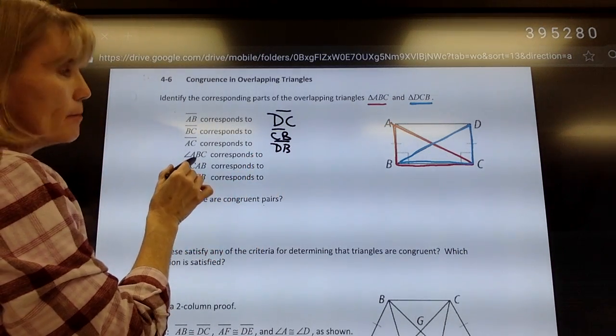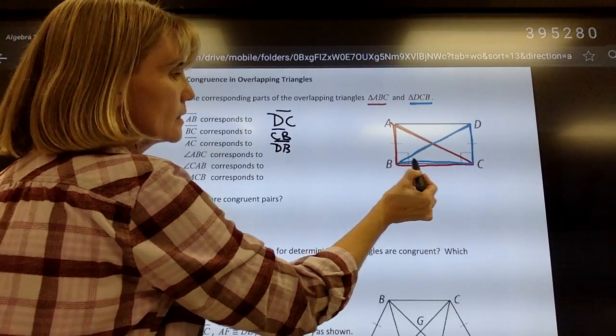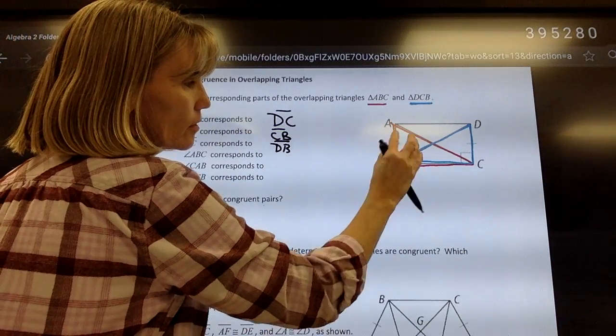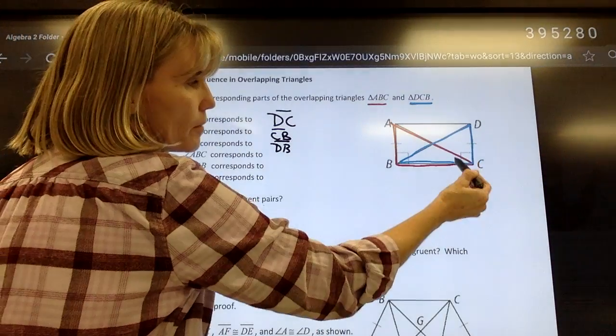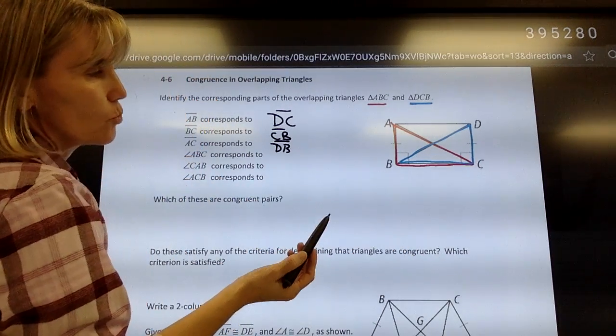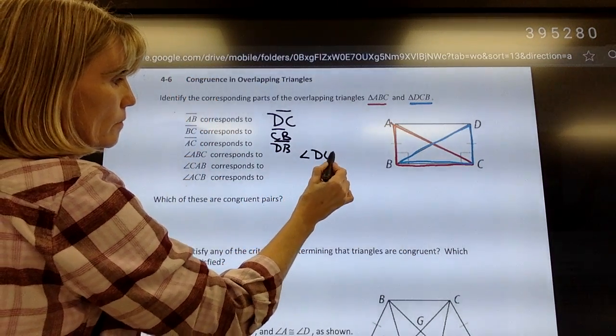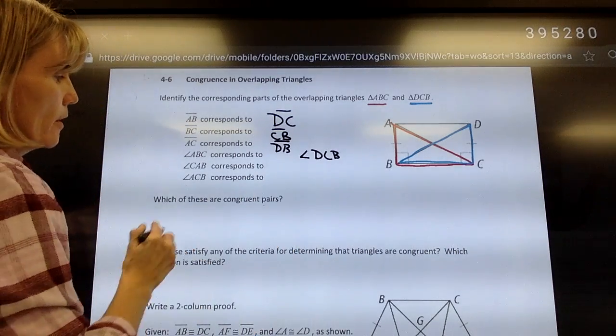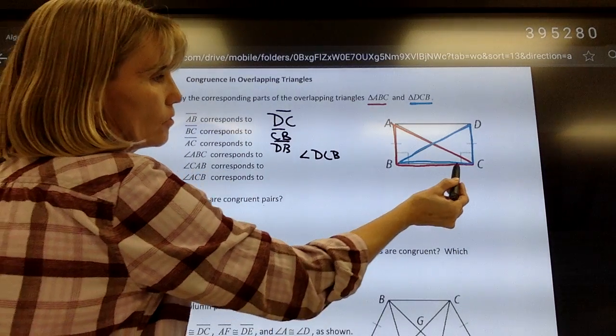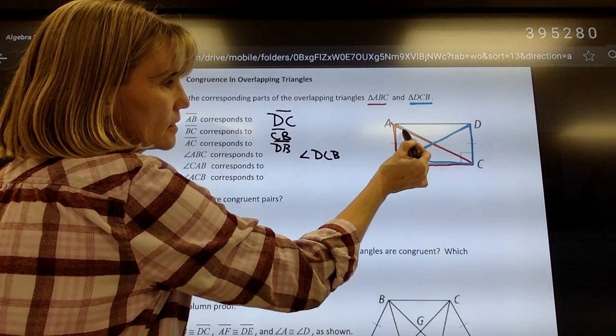Angle ABC, angle A to B to C, is the 90-degree angle right here. If I flip it over, it would match up with this 90-degree angle over here, so we're going to call that angle DCB. Angle CAB, angle C to A to B, is this angle up top.